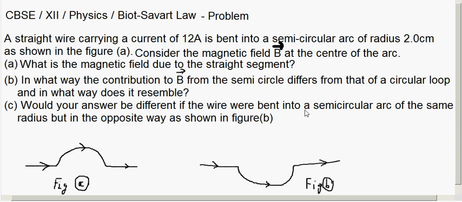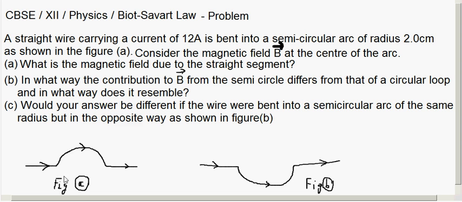The answer for the third one is, if the loop is bent into a semicircular arc as shown in figure B, remember the magnitude of the magnetic field will remain the same, whereas only the direction will change. So here at the center, I will write the direction.